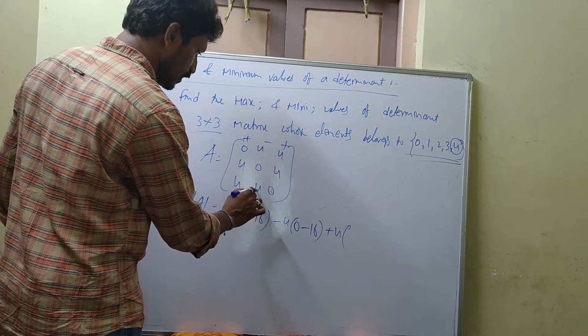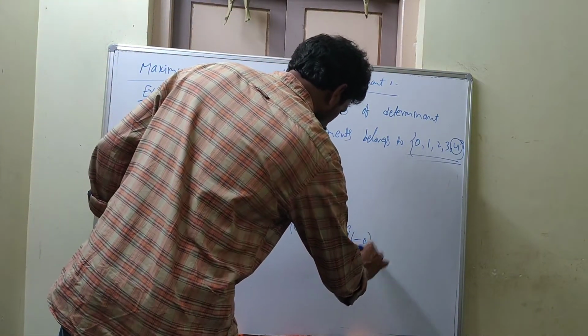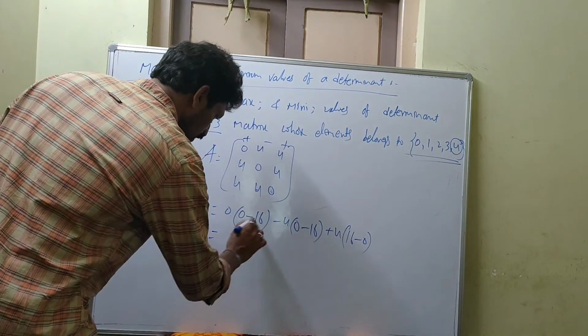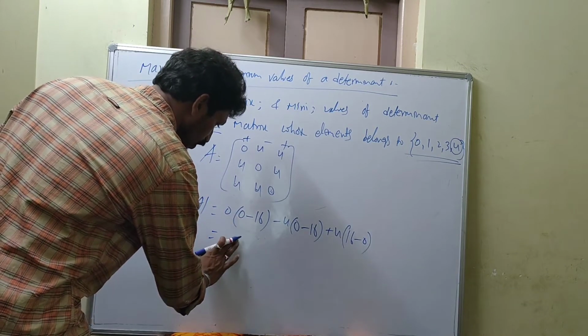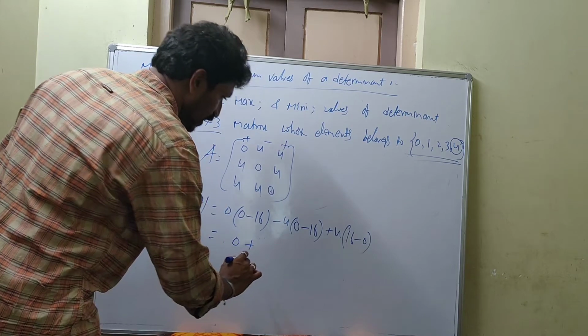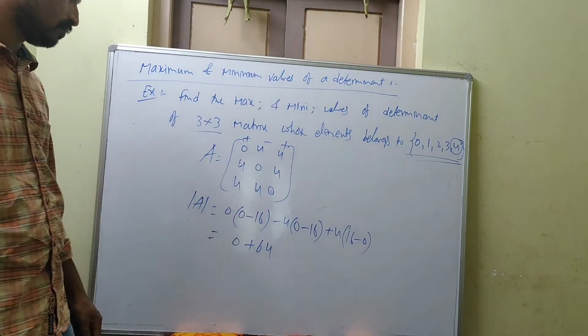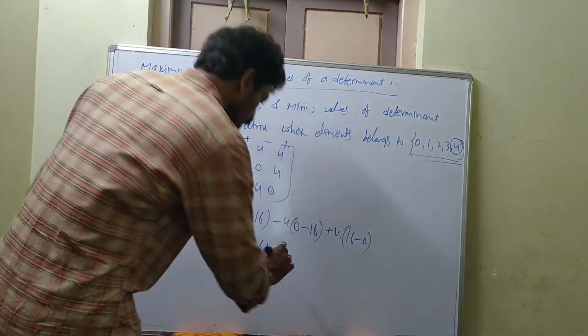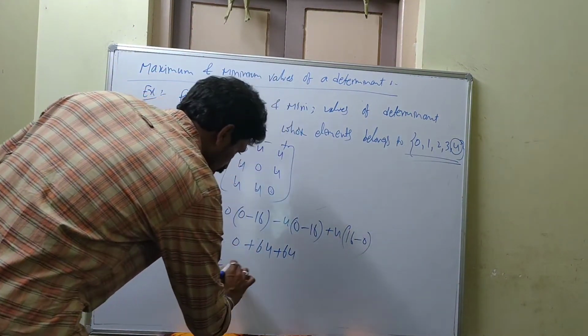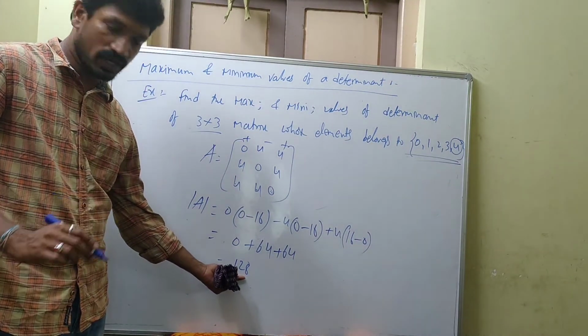What you have? 4 4s are 16. Minus 0. Simplify. Minus 0 in anything is 0. Minus into minus plus. 4 16s are 64. 4 16s are 64. So this is nothing but 128. So what you get the value here is 128.